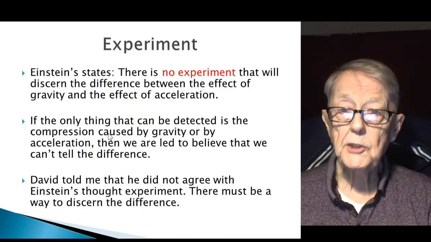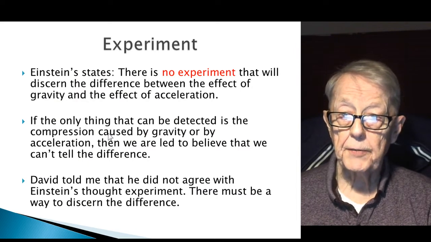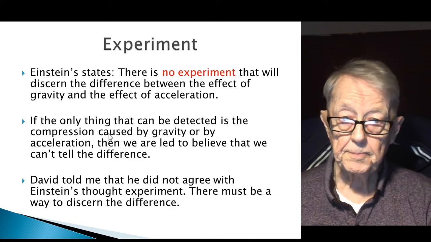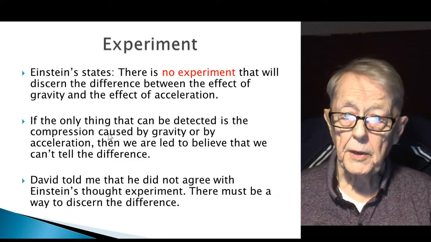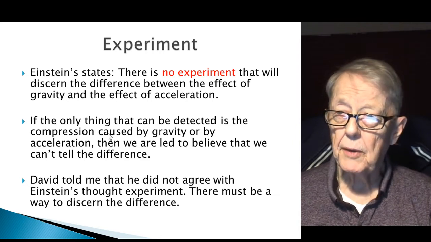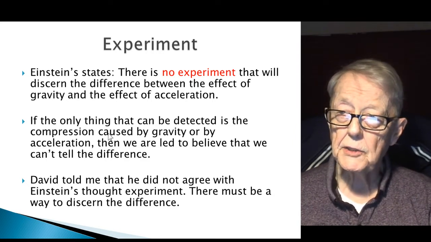Einstein says there is no experiment that will discern the difference between the effect of gravity and the effect of acceleration. This is somewhat where Einstein kind of leads us astray.